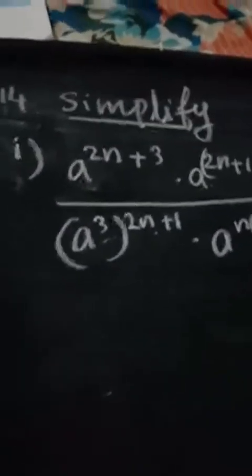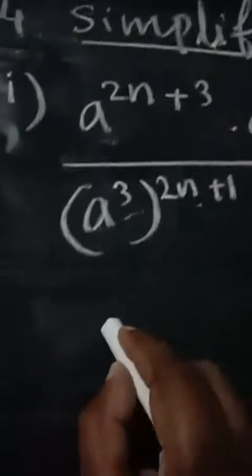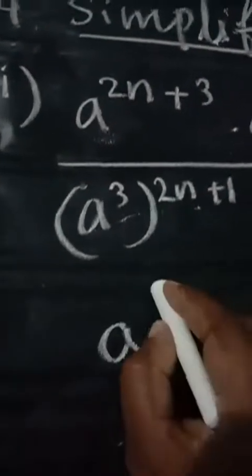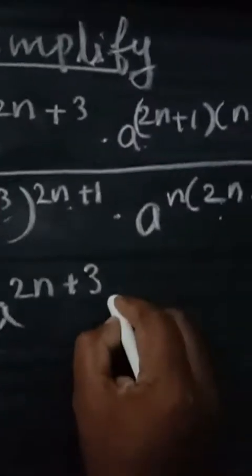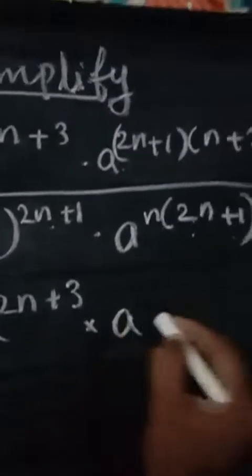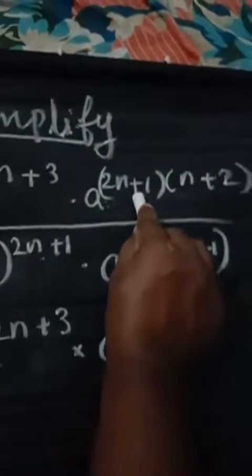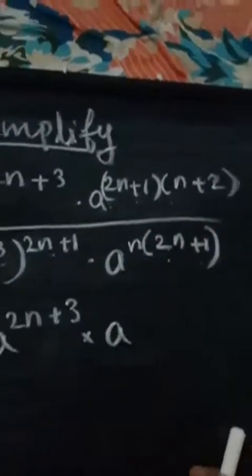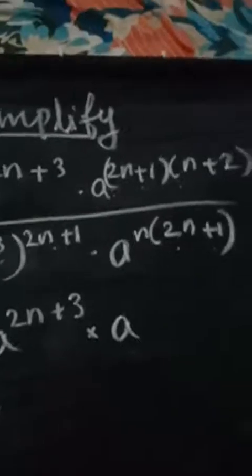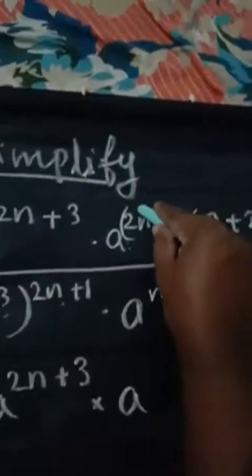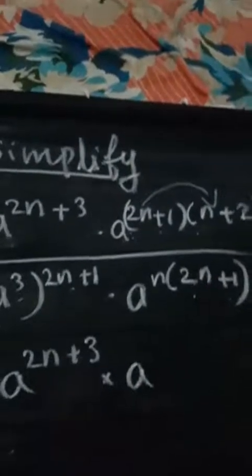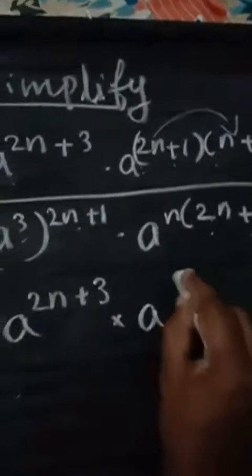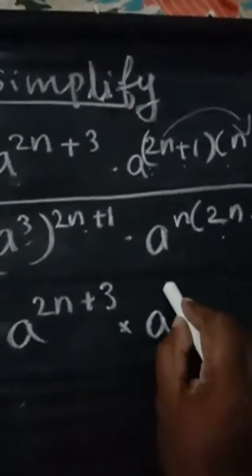Okay. So do carefully. First, a raised to 2n plus 3 into a raised to 2n plus 1 into n plus 2. How to multiply this one? We know that first 2n into n. What is 2n into n? 2n square.